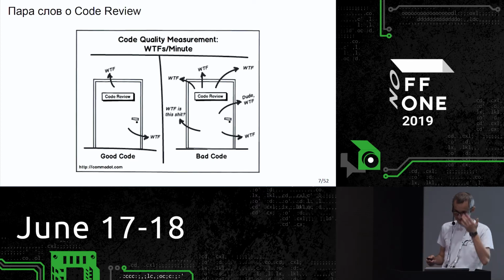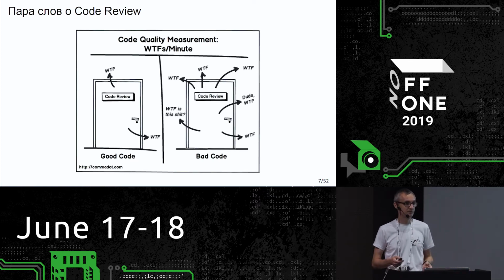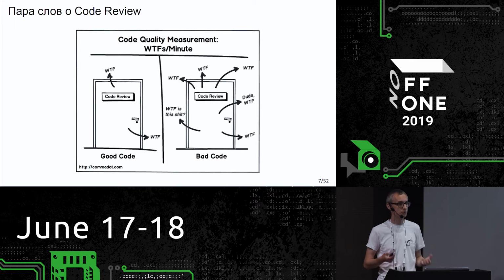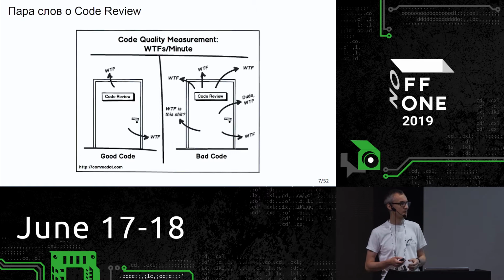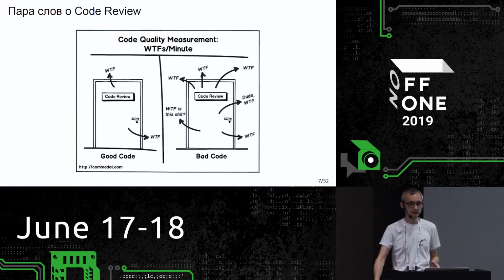Next, a couple of words about a very old approach which is still working: code review. Previously, maybe 5 or 10 years ago, you could try to look for errors in your programs and fix them. But now it's working less and less.